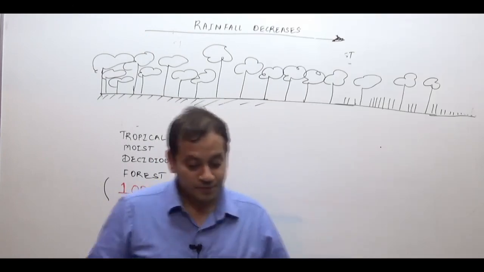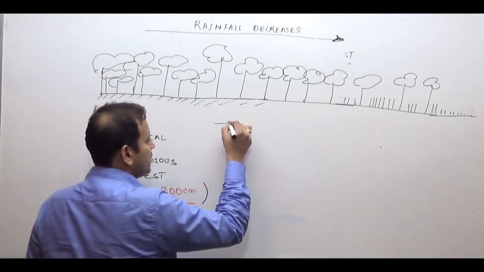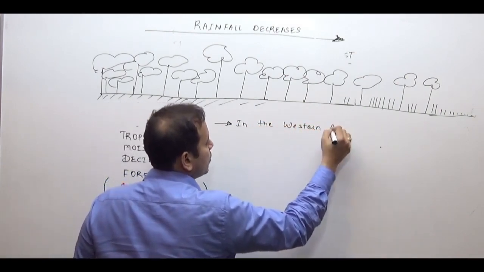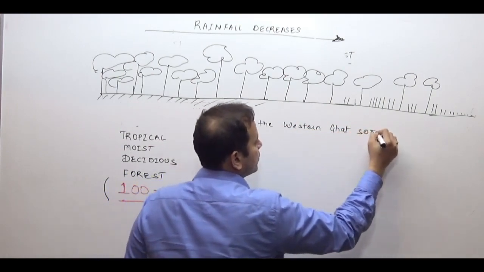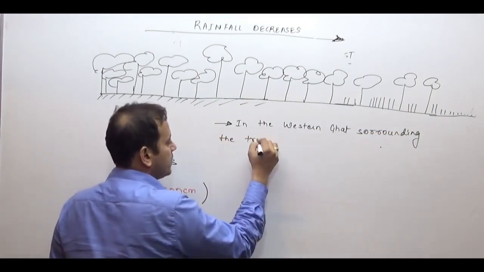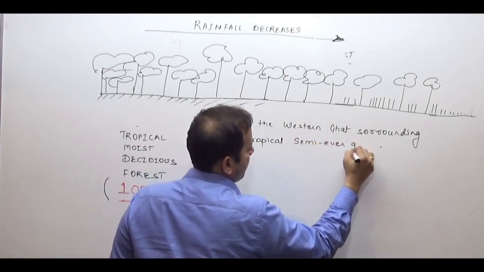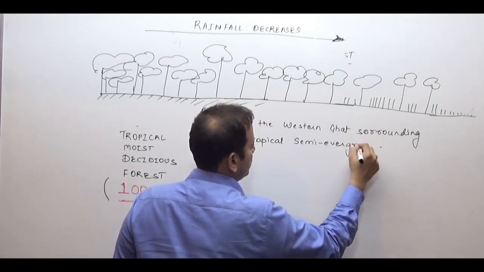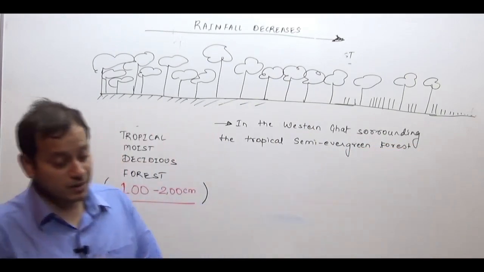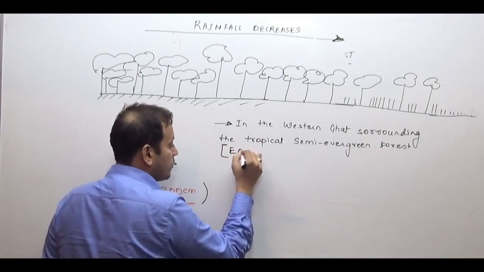So they are found in the Western Ghat region, surrounding the tropical semi-evergreen forest, surrounding the tropical evergreen forest, more along the eastern slopes of the Western Ghats.